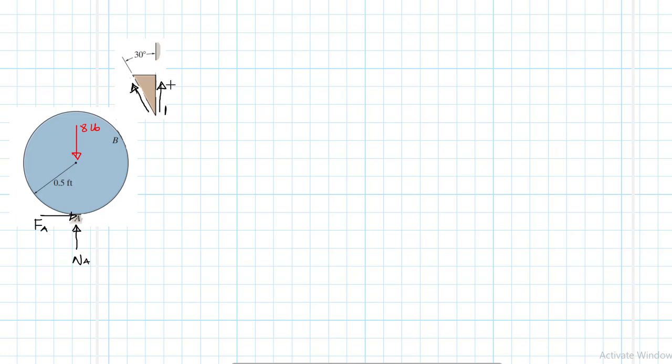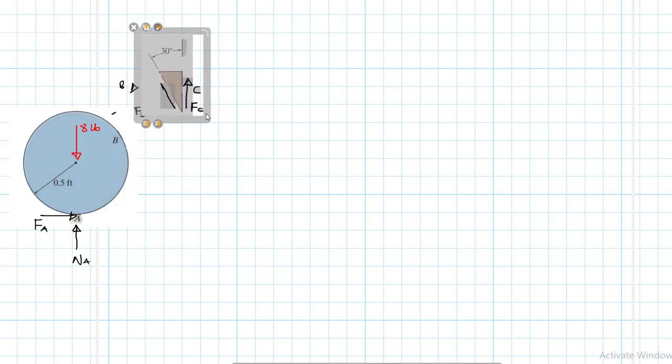This point here is C and this point here is B, so this is Fc, this is Fb, and then we also expect a normal force.